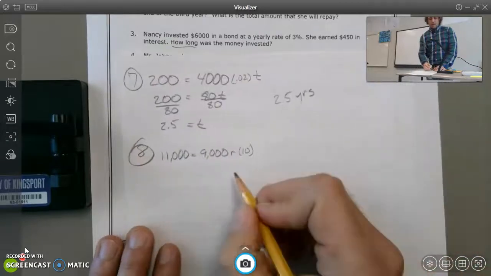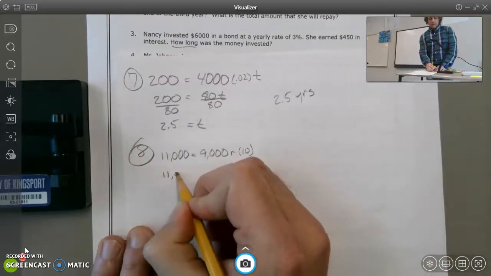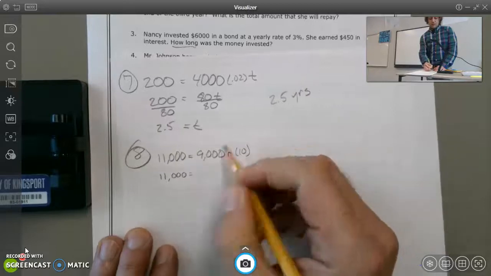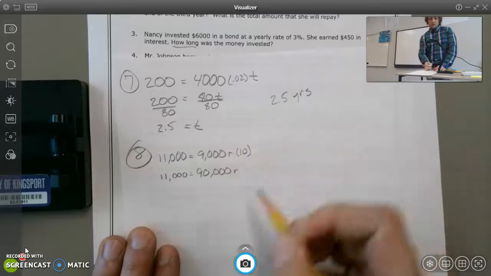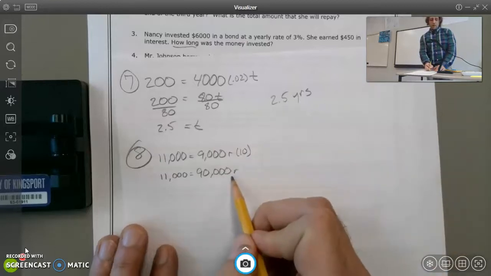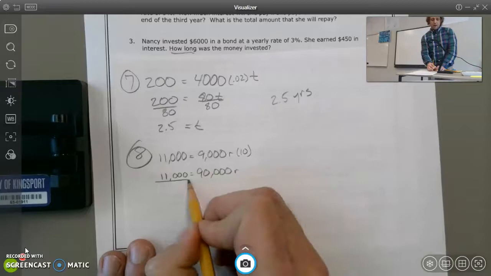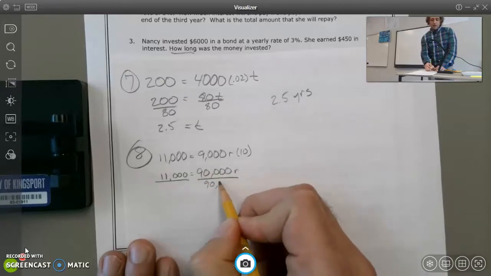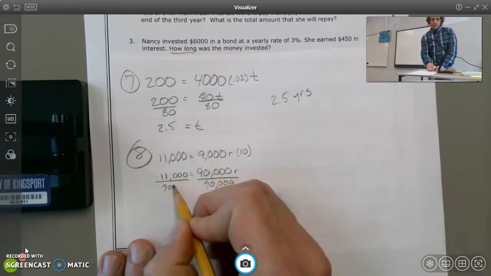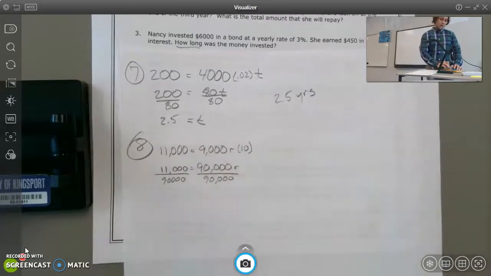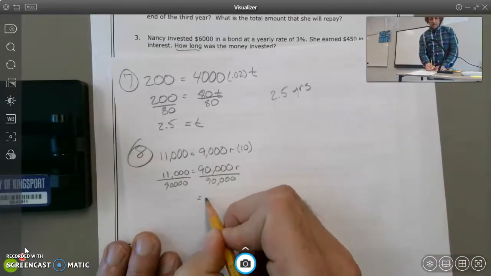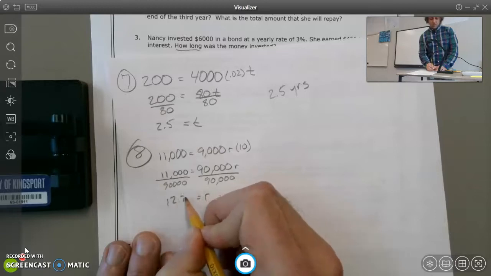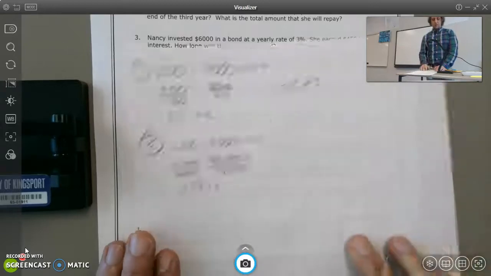Okay. Now, 11,000 is equal to, if I simplify this side, that's going to be 90,000 R. 9,000 times 10 years is 90,000. And the rate here, to find that, we're just going to divide by 90,000. And we get the rate is equal to 12.2 repeated percent.